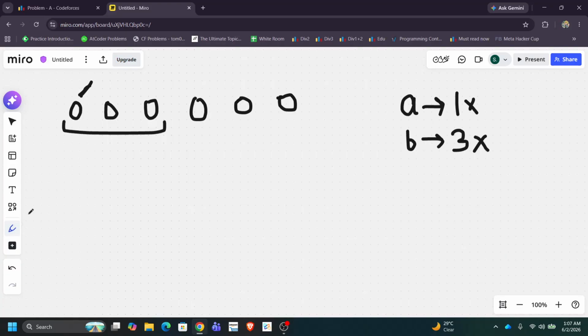Now, let's say we are able to group all the students in groups of 3, these 3 and these 3. What would be the optimal case? Taking a or taking b?